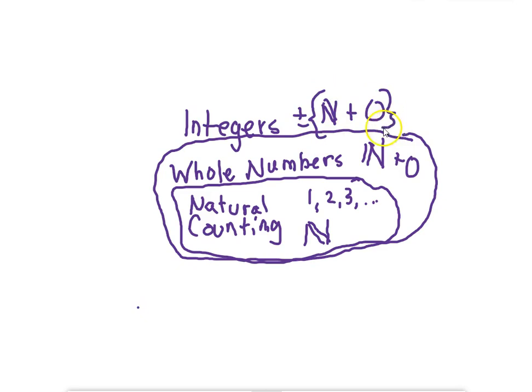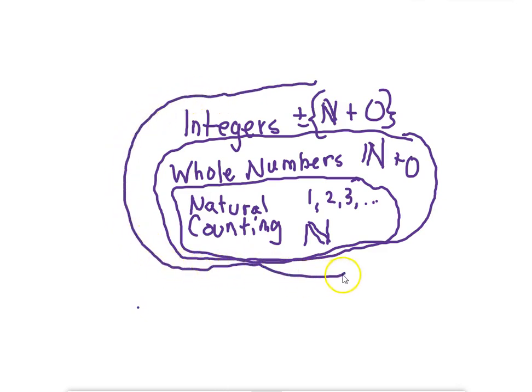So we've got all the positives, 1, 2, 3, 4, 5, and so on. And then we've got all of the negatives, -1, -2, -3, -4, -5. And then we have the 0. Hopefully this is making sense. If not, obviously get in touch with me and we'll figure out how to explain it in a way that makes more sense to you.